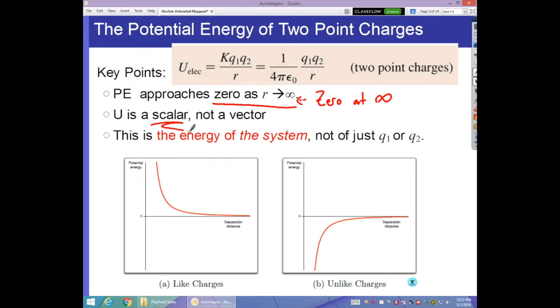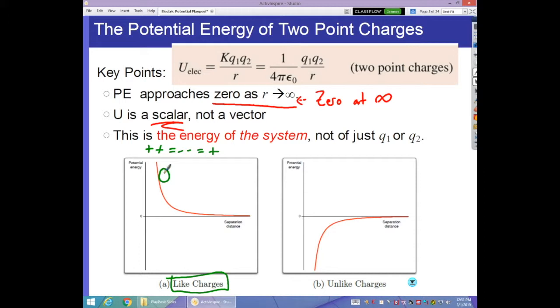And let's just take a look at these graphs, right? What's important to note is that if we have like charges, then Q1, Q2 is either going to be plus times plus, or it's going to be minus times minus, in which case our energy is positive. And one way to interpret this, you might remember when we talked briefly about potential energy graphs, is that you can read potential energy graphs like a hill and figure out which way things are going to want to move.